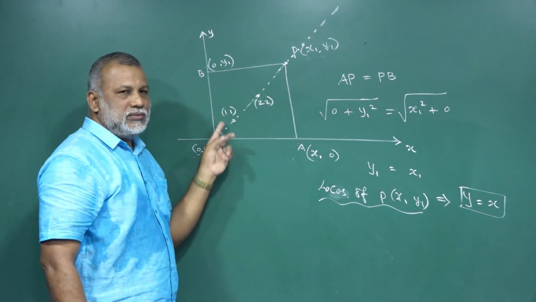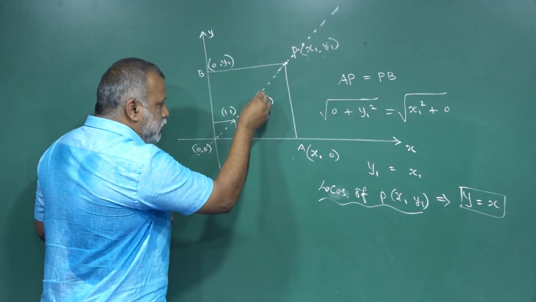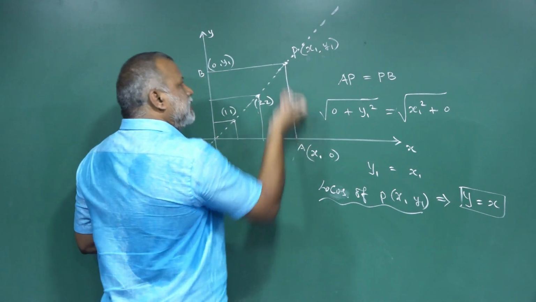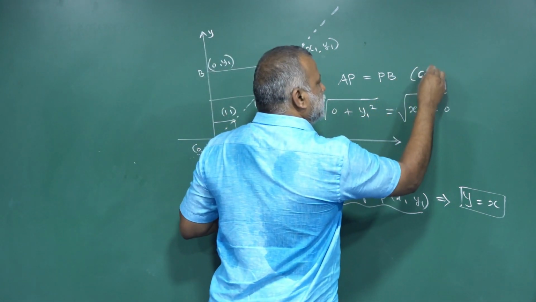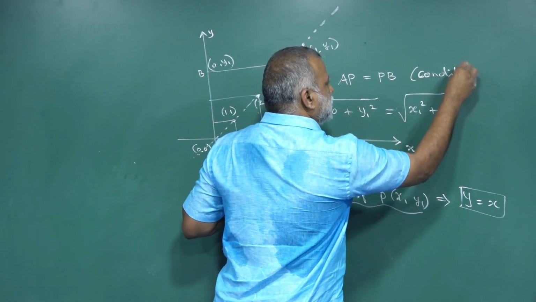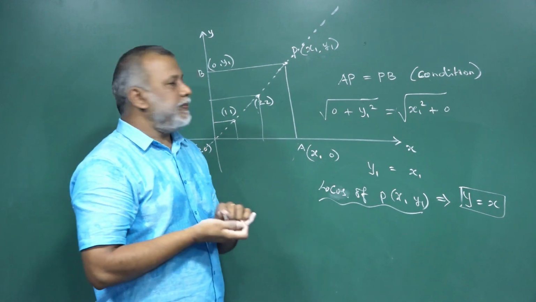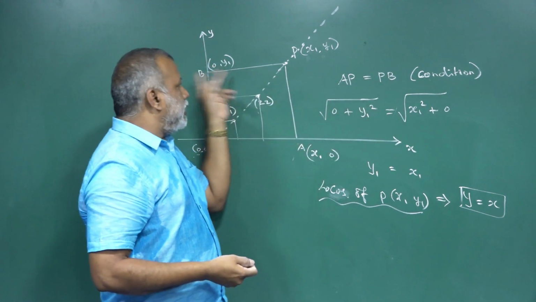See (1, 1), same distance only. See (2, 2), same distance only. Like this, AP equal to PB, that is the condition. This is the condition the question itself is giving. So AP equal to PB, you have to understand.